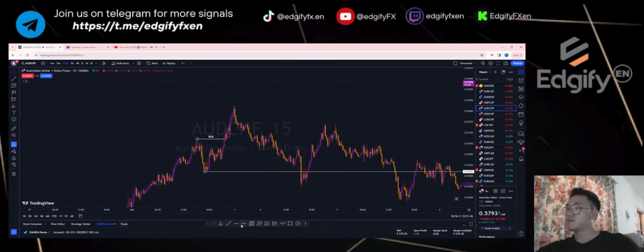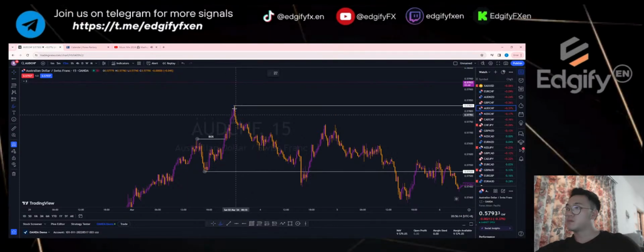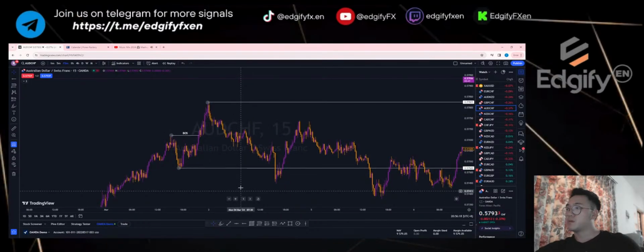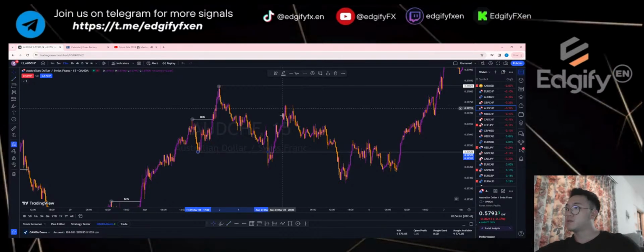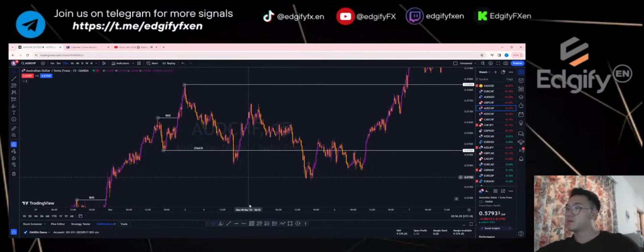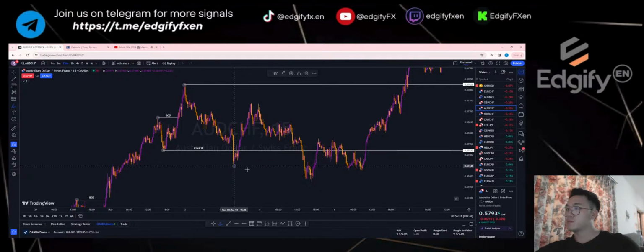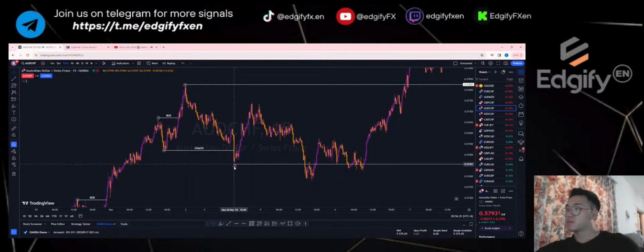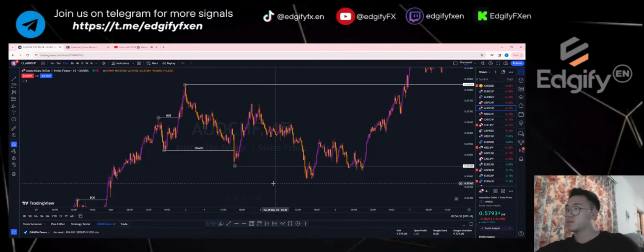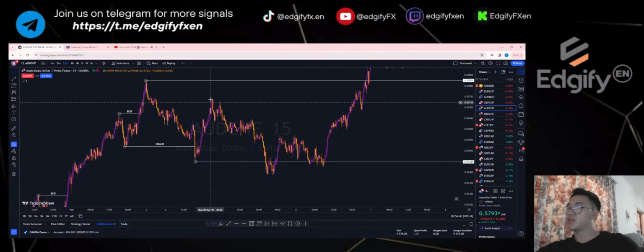Back to this level. And we have a change of market structure here. We can see price rejected. This is definitely a 618 to 786 level.